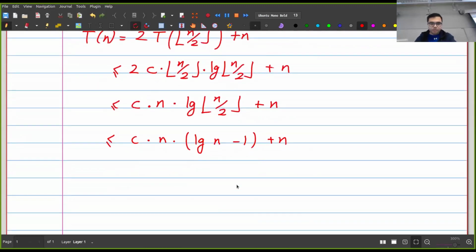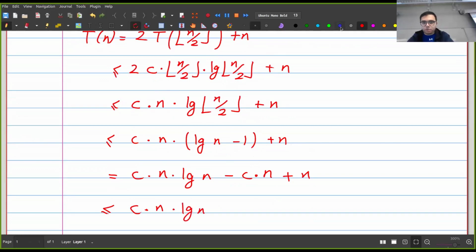Okay. So what is this if I simplify it? It's just cn log n minus cn plus n, right? So I have cn log n minus cn plus n. Now, what do I want? I want this to be less than or equal to cn log n.